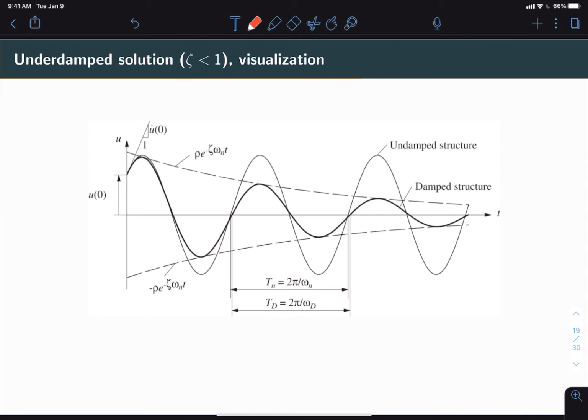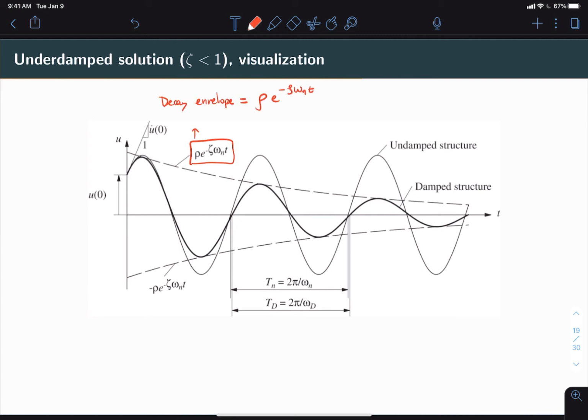And the dotted line shows the decay term rho times e to the negative zeta omega n t. This is what we would call the decay envelope of the function, showing the bounds of the oscillations.